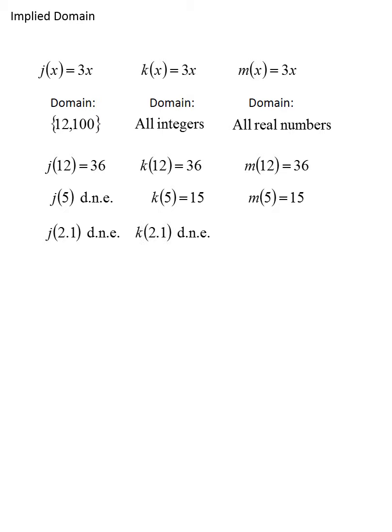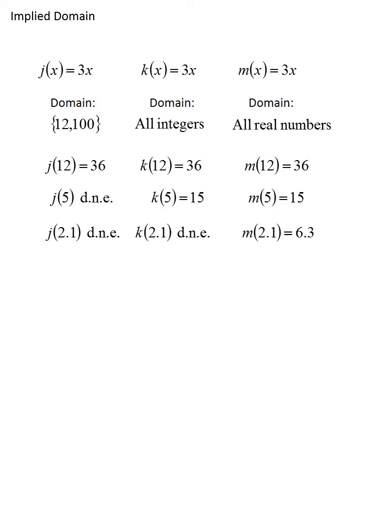But notice that k of 2.1 also doesn't exist because the author of k restricted the domain to the integers. 2.1 is not an integer, therefore it can't be an input for k. And for m, 2.1 is a valid input because 2.1 is a real number, and m of 2.1 is 6.3, which by the way is 3 times 2.1.